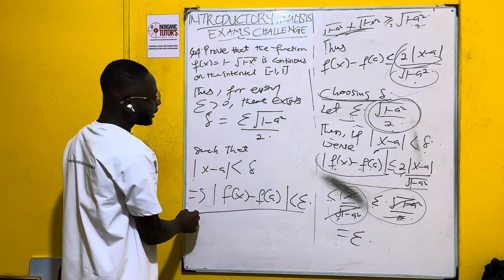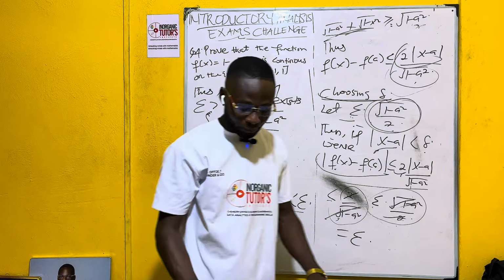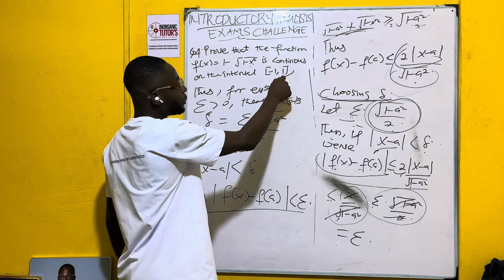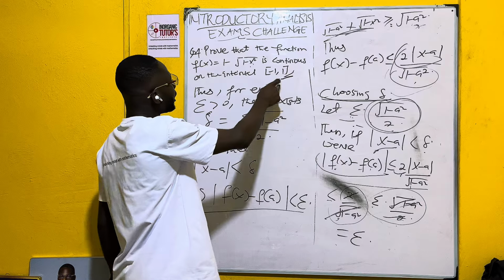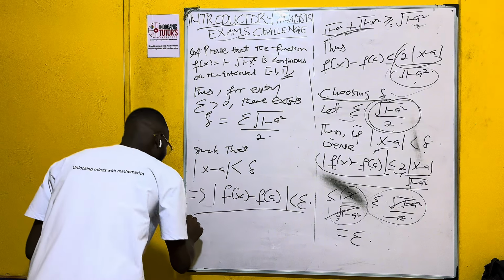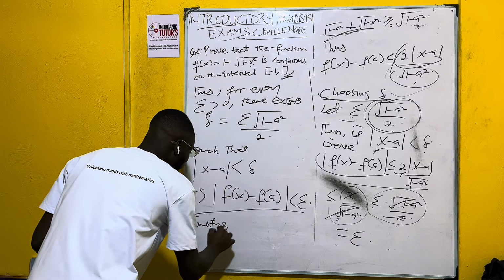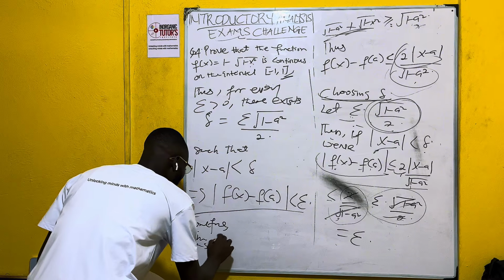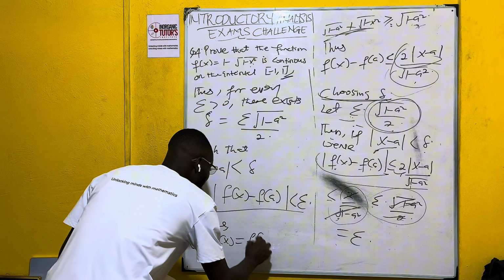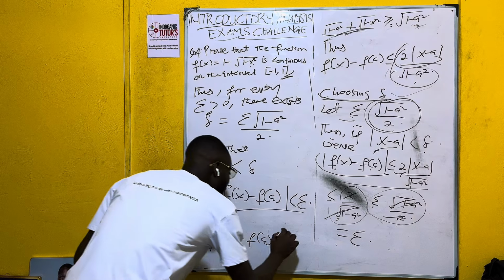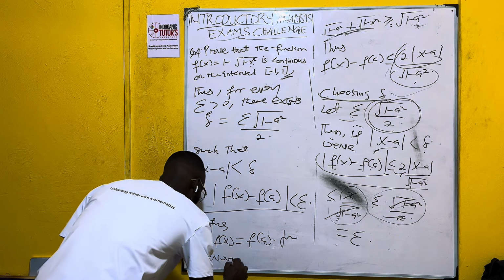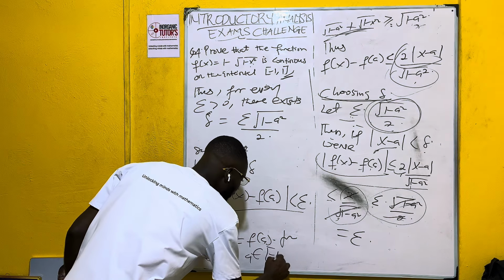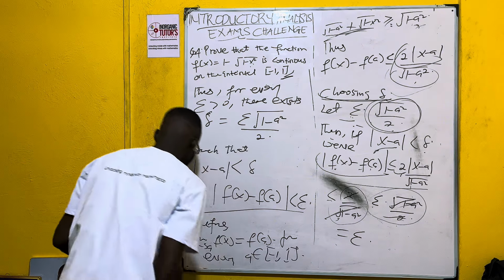So this is how we conclude. We can basically say that, therefore, by the definition of the limits, the limit as s approaches a of the function equals the function of the points for every point that we pick in the interval of -1 and +1.